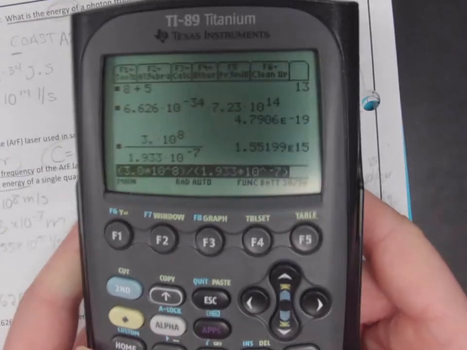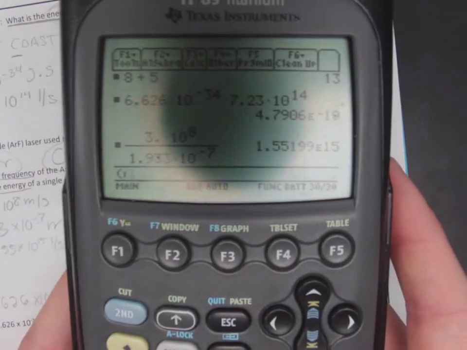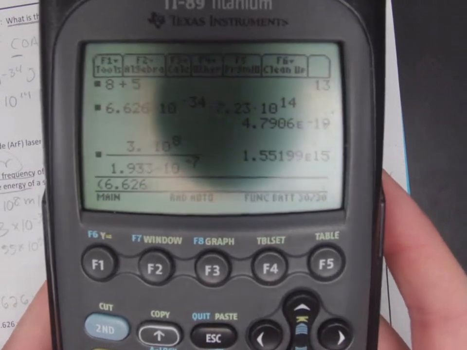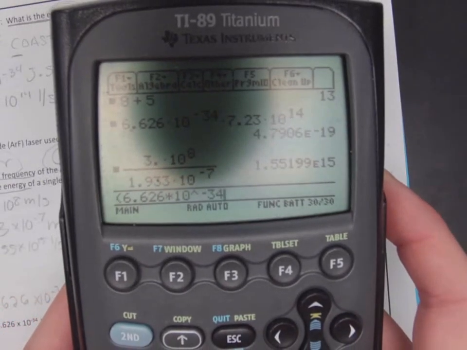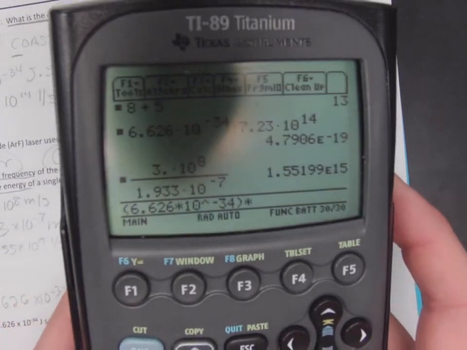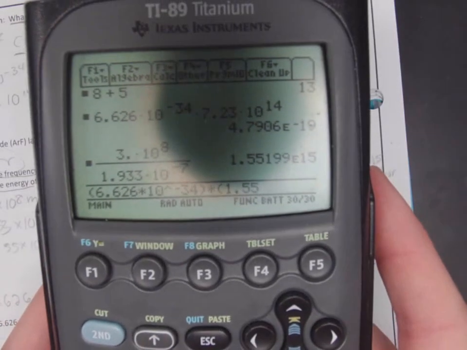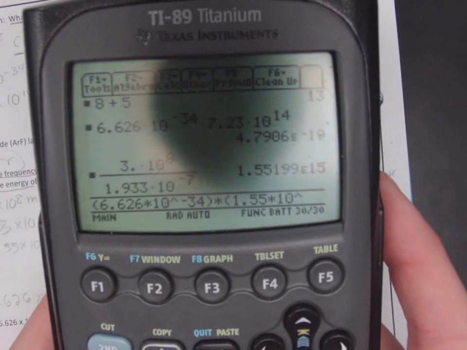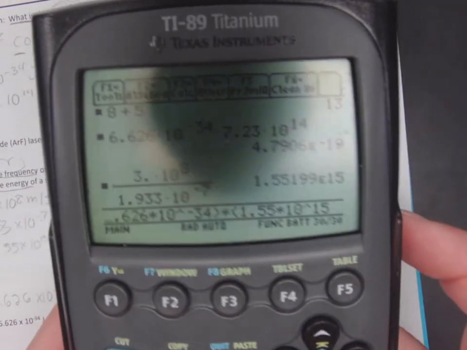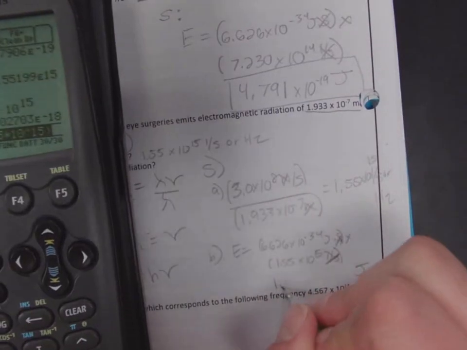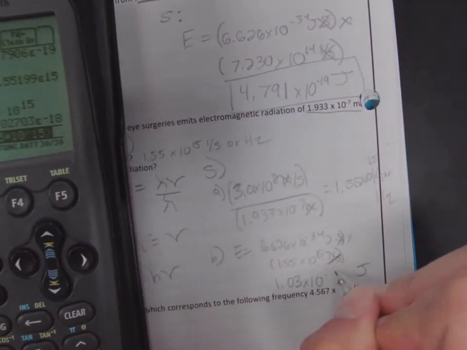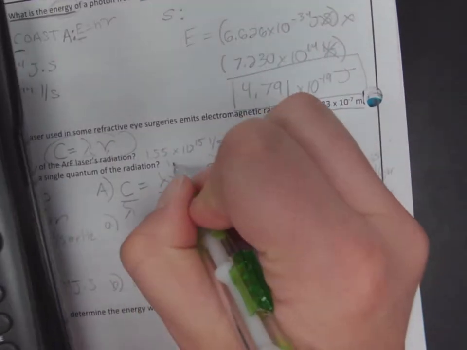Let's plug this in. 6.626 times 10 to the negative 34 times 1.55 times 10 to the 15th is 1.03 times 10 to the negative 18th joules.